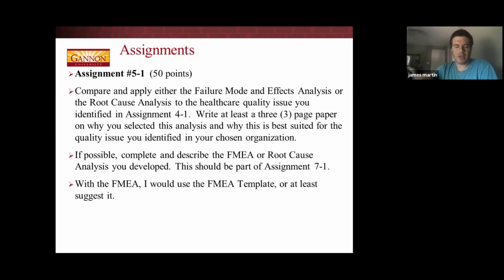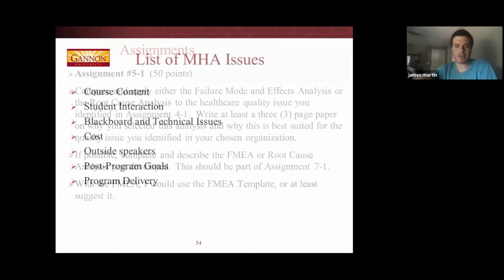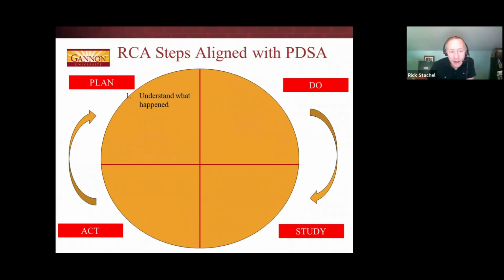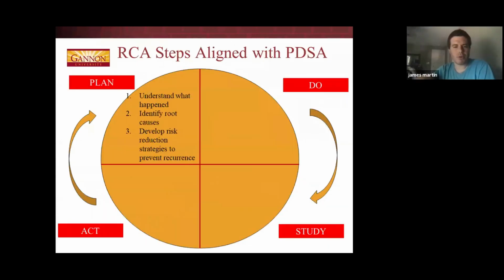And for the root cause analysis, once you do the fishbone or whatever tool you want to use, how do you determine which is the most important factor to do the PDSA cycle on? Because with the FMEA, you at least have a numerical value. Right. Hey, I think this one's probably the most important one.